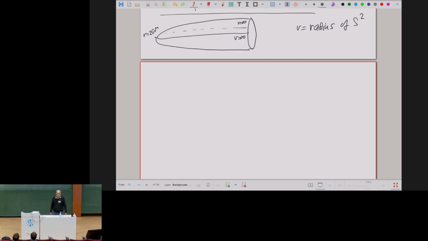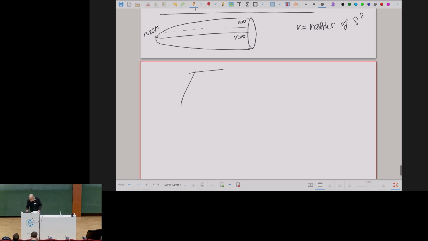So I'm going to represent the two-sphere as if it was a circle. So near R equals infinity, I have a plane, which I want you to imagine drawing circles in. And those circles are supposed to represent the two-sphere. And the distance from the center is this function R. So R equals infinity out here.